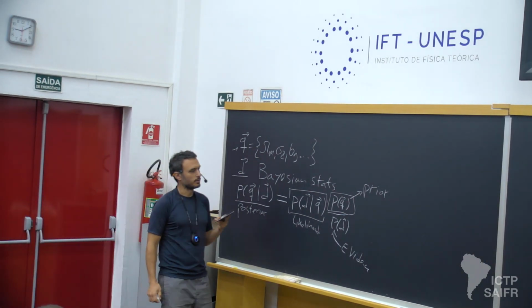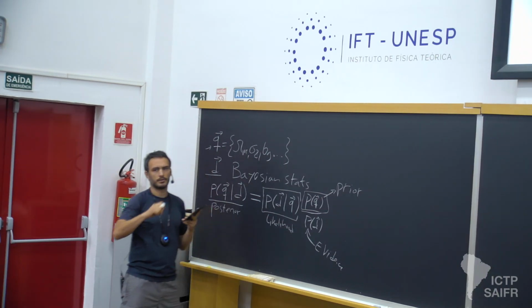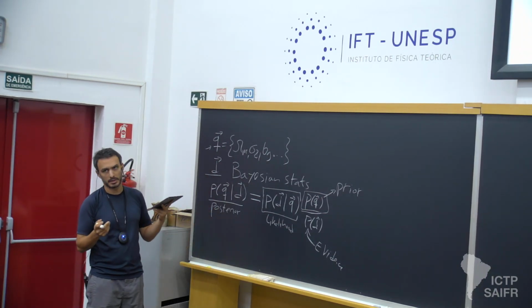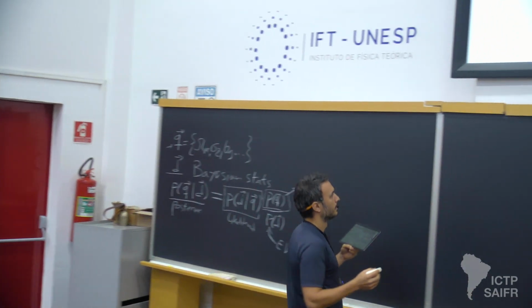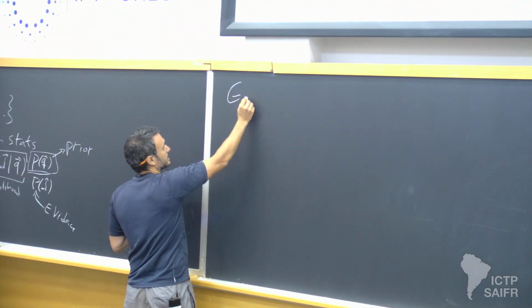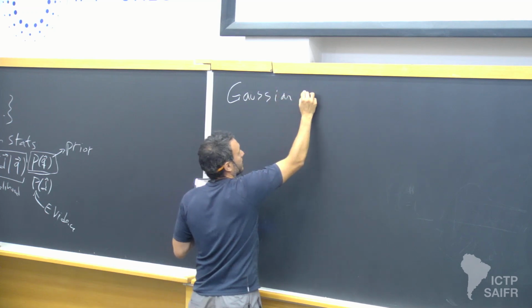Okay, so let's start with some ideas. How could we write a likelihood for our data, right? And first of all, maybe we need to define what our data is. So let's look at a simple case where our data is a Gaussian map, right?